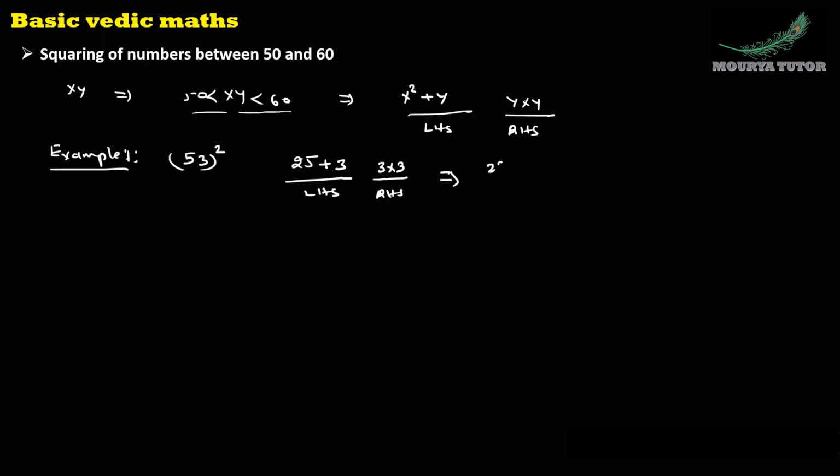Now you can write 28 and it is 3. I have told you earlier RHS has to be of 2 digits, so we need to make it 2 digits. Sorry, it will be 9. Now just write as it is: 2809. This is the square of 53, not multiplication.